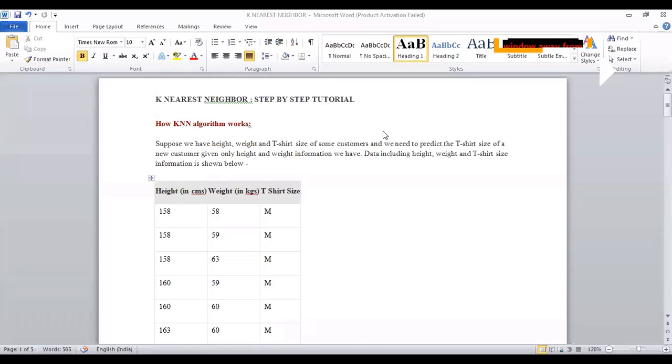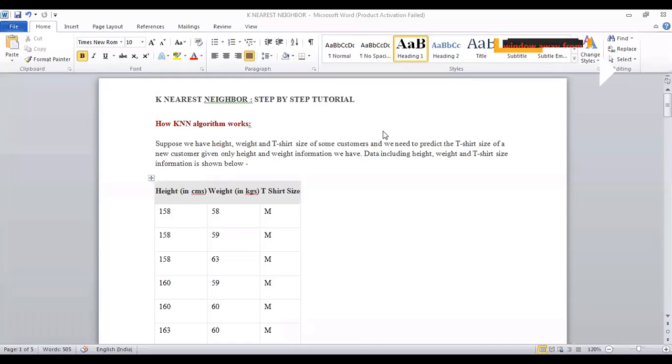So how does KNN work? Step one is to select the number k of the neighbors. We first have to select the value of k. Step two, calculate the Euclidean distance of k number of neighbors. Step three, take the k nearest neighbors as per the calculated Euclidean distance.